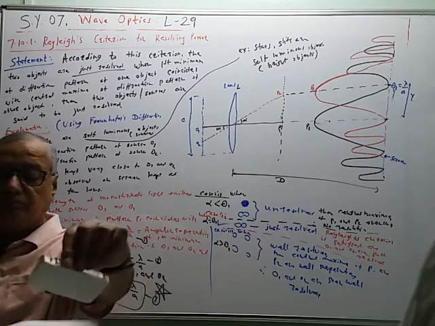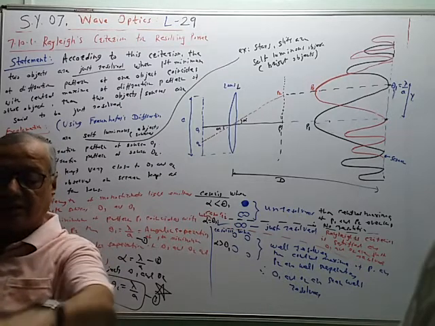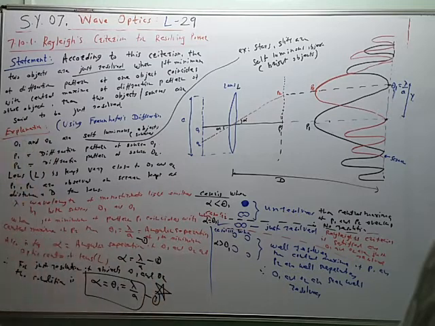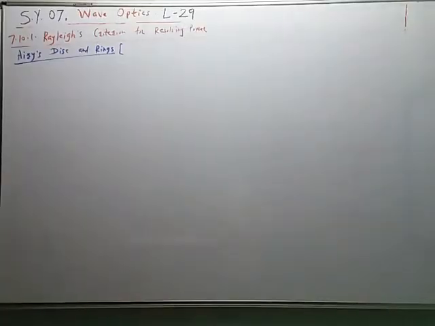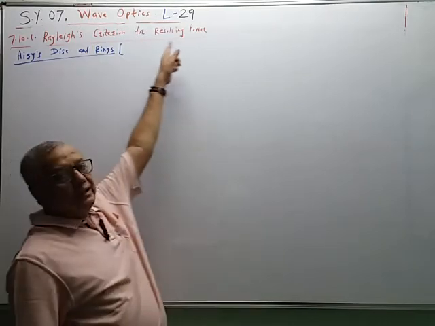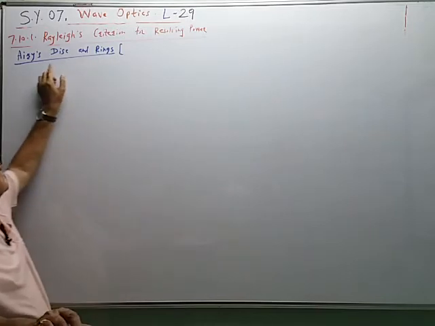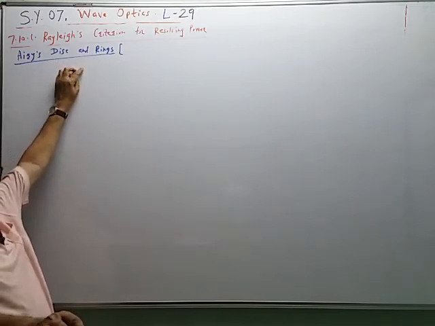Now, how do we decide whether the objects are just resolved or not? For that purpose, the Fraunhofer diffraction pattern and Rayleigh's criterion are again explained by using the Airy disk and ring pattern. Now we have to see practically how Rayleigh's criterion is used for the resolution phenomenon, by using the Airy disk and ring pattern.